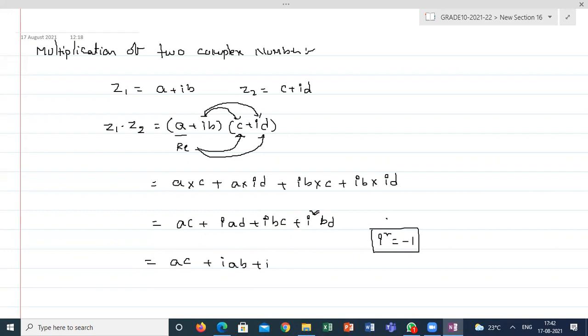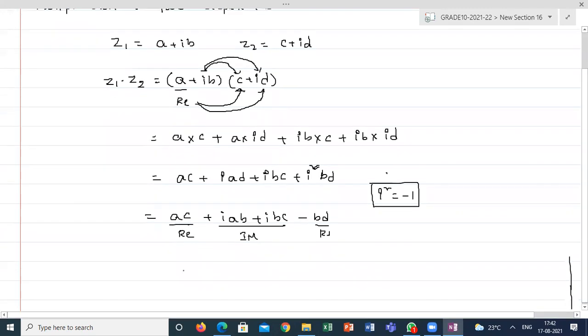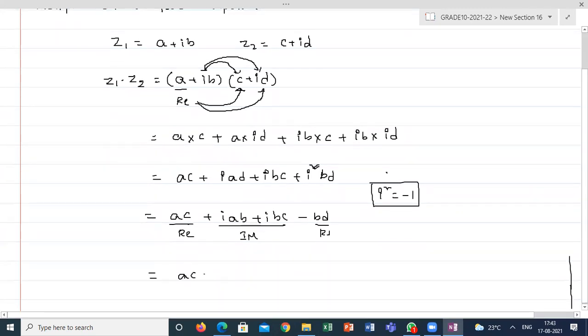If not, you can keep it in the imaginary part only. Now you can see clearly this is real, these two are imaginary. Collect all the real parts and all the imaginary parts. AC minus BD plus, taking i common because further I can't reduce, since i itself is assumed to be the root of a negative value, i times AD plus BC. This is the product of Z1 and Z2.